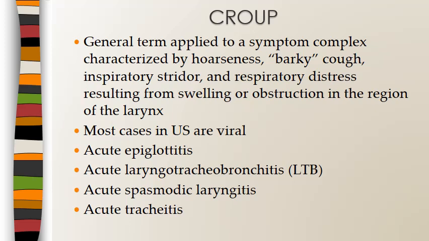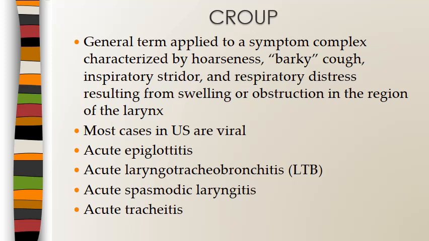So the next grouping of diseases we are going to talk about are the croup diseases, and basically these are characterized by hoarseness and a barky cough with inspiratory stridor and respiratory distress, and all these symptoms result from the swelling or obstruction in the region of the larynx.